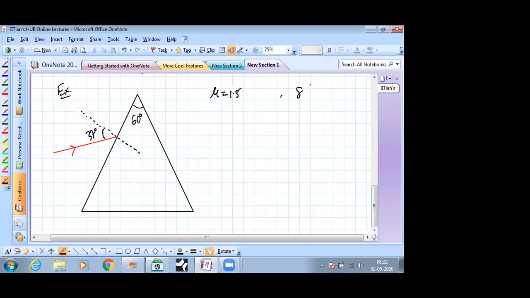Now we want to find the angle of deviation. So this becomes a detailed calculation. We will have to use a calculator to find the various sines and all that.